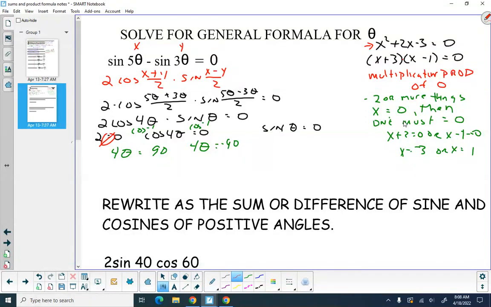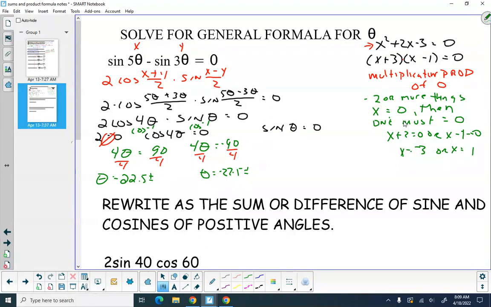So we can divide through by 4. So we have theta is equal to 90 divided by 4, 22.5, plus or minus the period n, or negative 22.5 plus or minus the period n.